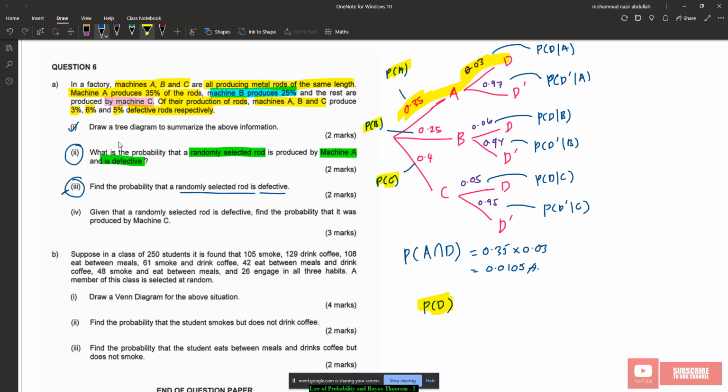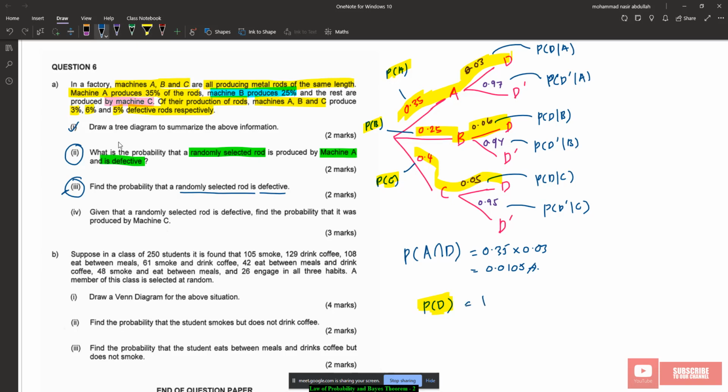So how many intersections with D do we have? We have the probability of A intersect D, B intersect D, and C intersect D. So we need to add all the intersections.